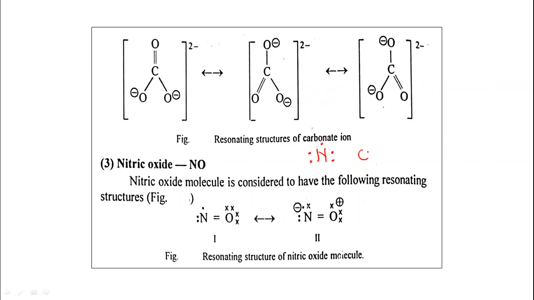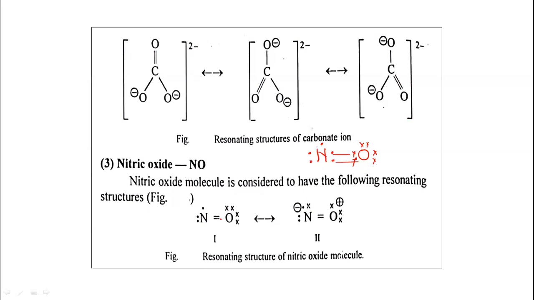Oxygen has 6 valency, so let us represent 2 electrons here, 2 electrons here, and 2 electrons here. Now there is a formation of the double bond in the nitric oxide molecule. So this is the one structure, structure 1.